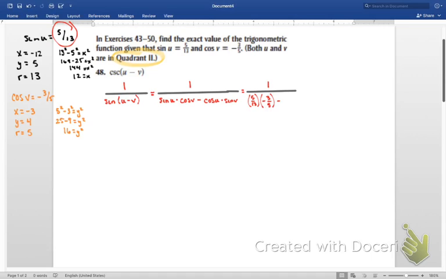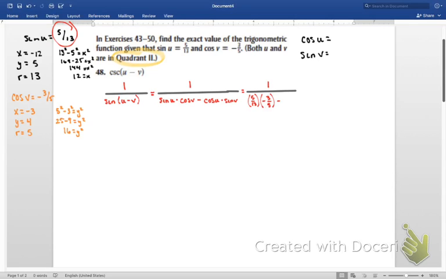Now, this is where I need to, I probably should have done this before, to be perfectly honest with you, because I need to find what is cosine of u and sine of v.